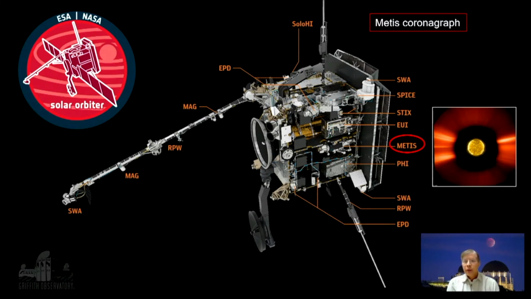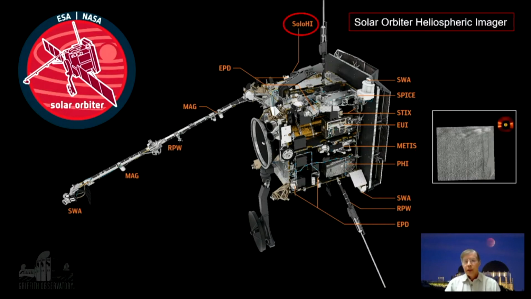It's a coronagraph, so the sun's visible portion is blocked out by an occulting disk, and we see the faint outer corona of the sun in visible light and also in ultraviolet light. And then the third instrument observes visible light further away from the sun. It observes the corona from 2 to about 18 million miles away from the surface of the sun.